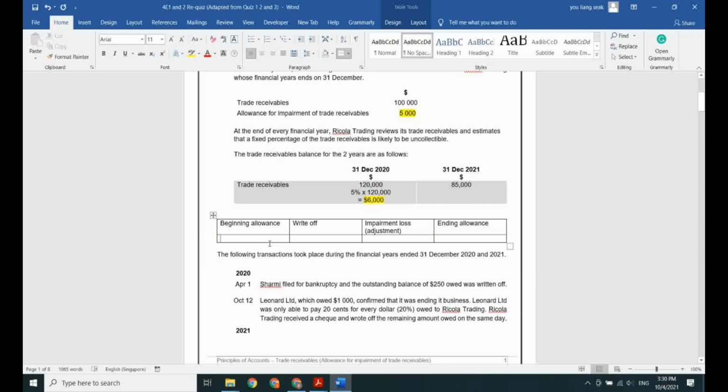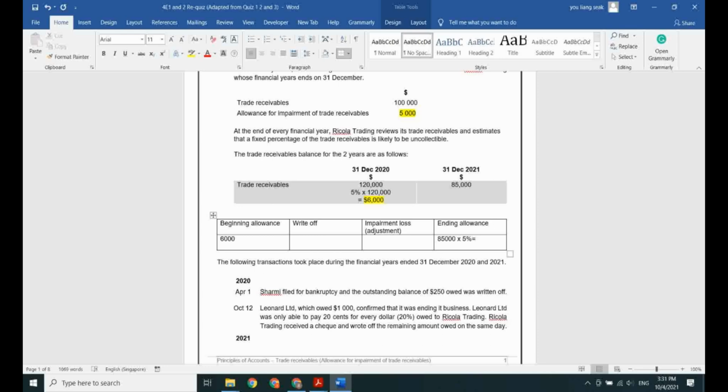Beginning allowance on 1st January 2021 will be $6,000. Ending allowance will be this 85,000 times the 5% we obtained in 1A, which gives us 4250.